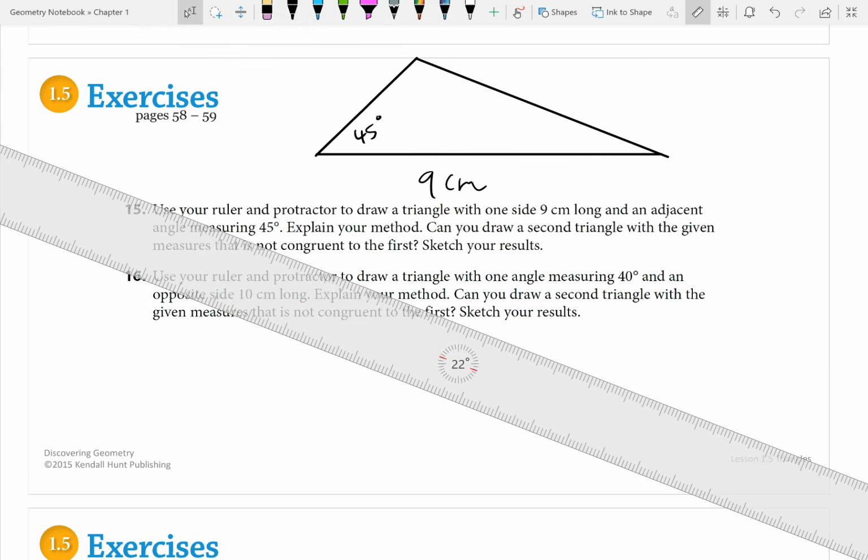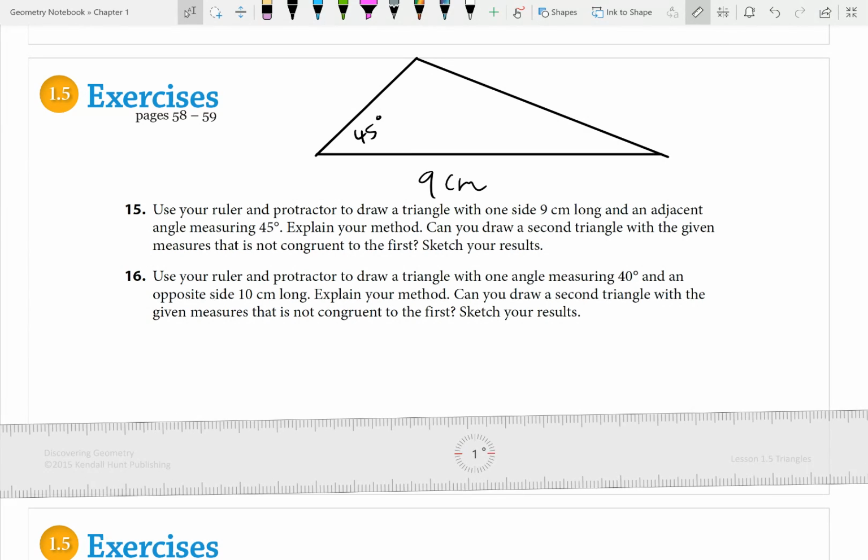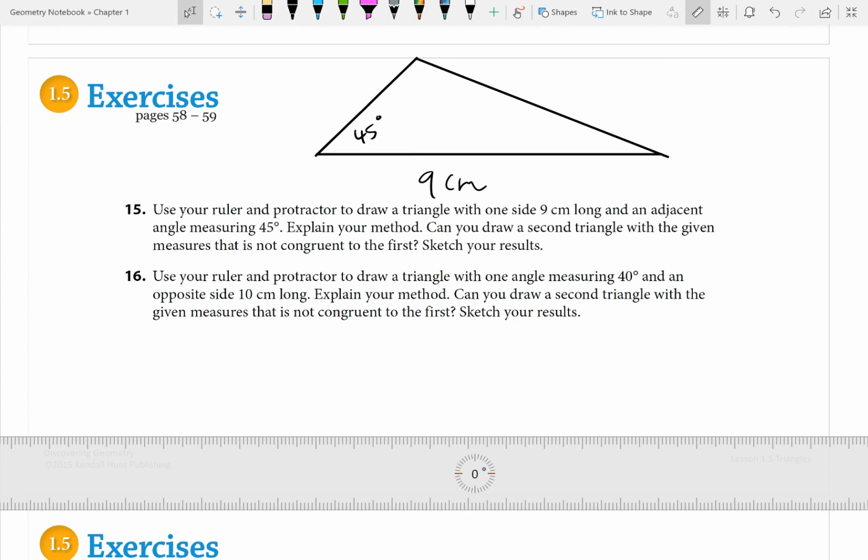Okay, there we go. So the question is, with the same information, is it possible to draw another triangle? Well, let's see. Okay, well, let's go 1, 2, 3, 4, 5, 6, 7, 8, 9.